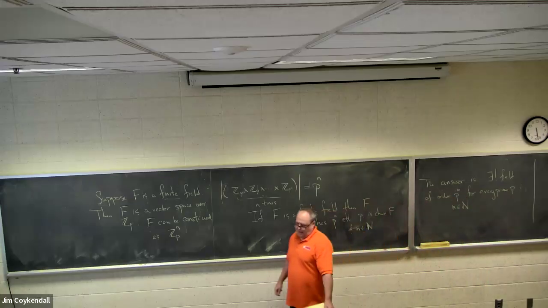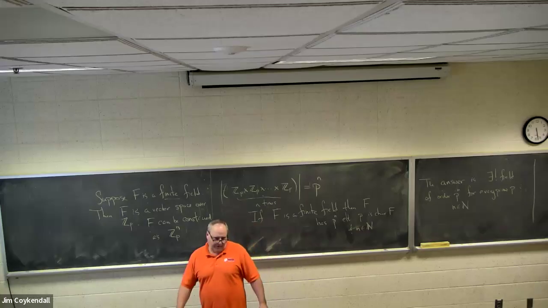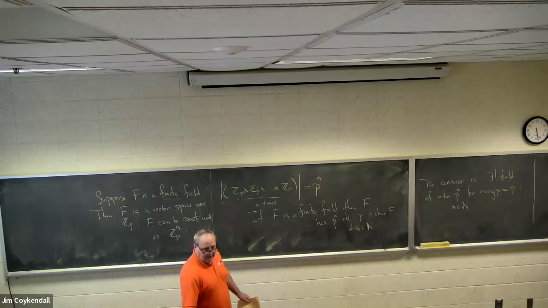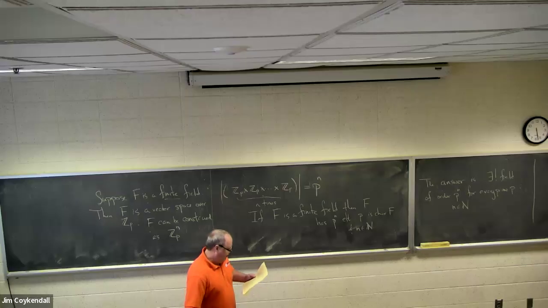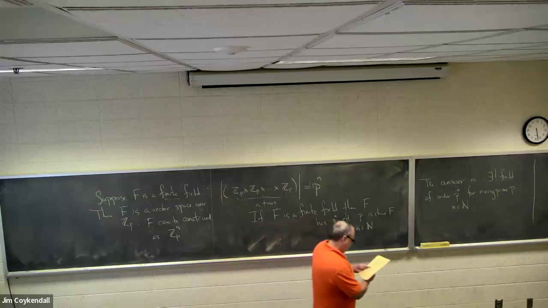So if you give me a prime like 8675309 and an n like 10, there does exist a field of that order. And I'll show you how to build them too.